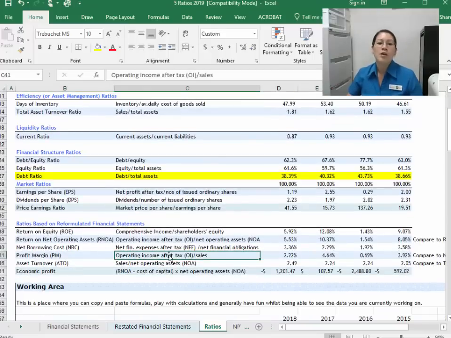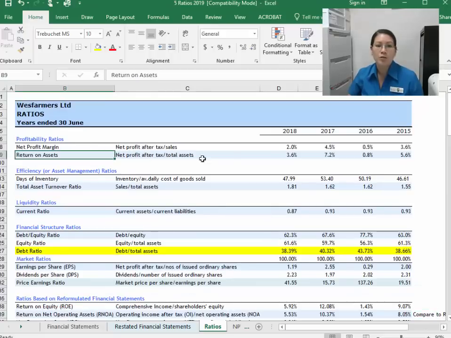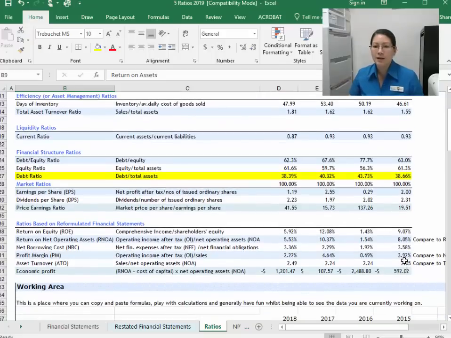For example, comparing your return on net operating assets to your return on assets from your normal financials, as well as what does this mean for the firm as a whole? So what does this mean for Wesfarmers as a whole? And connecting a story, telling us a story about your firm. So that's what we want you to write about, and that's what we're looking for in the written component.